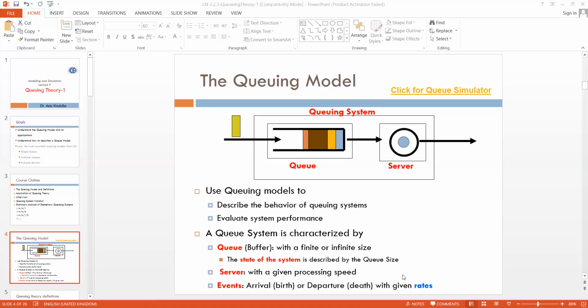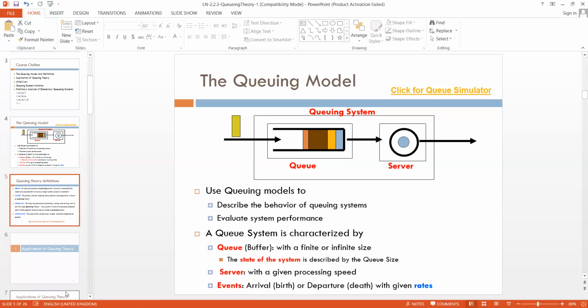The queue size. We have servers. Servers basically help in processing documents or processing arrivals in the queue. And then we also have events, which are arrivals, like birth, like death, with their own arrival rates.